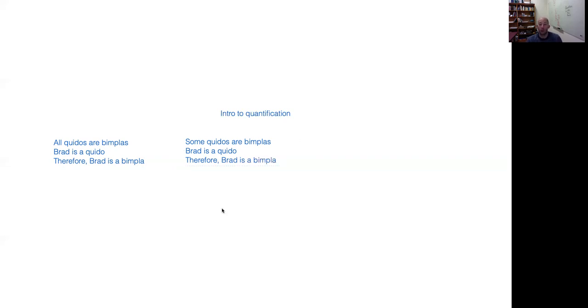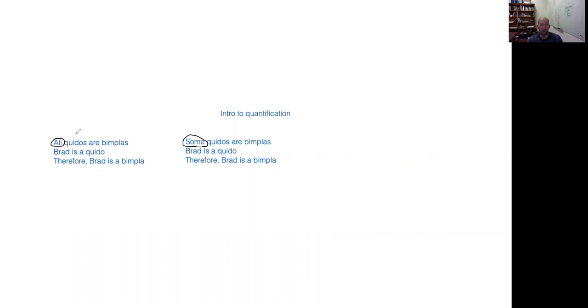This argument is not valid. The reason for it is that it's possible to make the premises true, but the conclusion false. In particular, the key difference here is the difference between the word some and the word all.